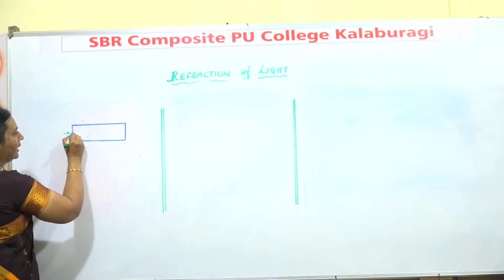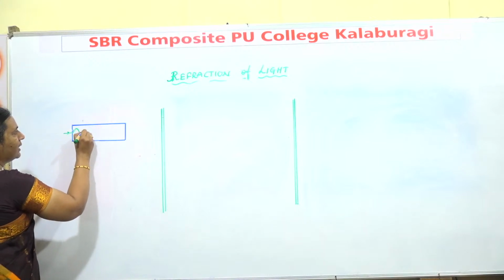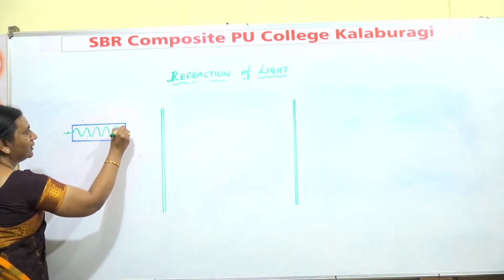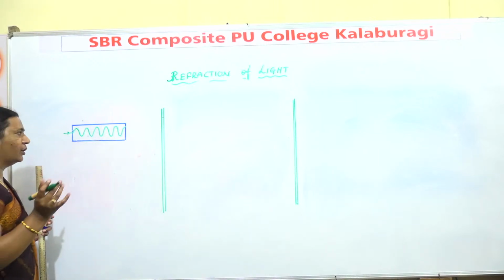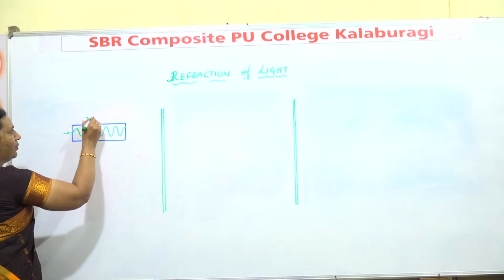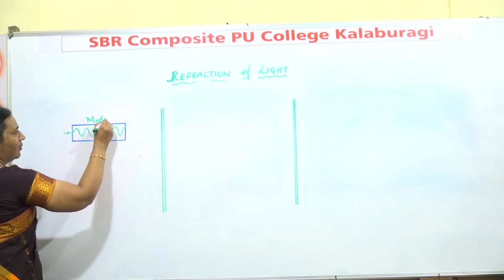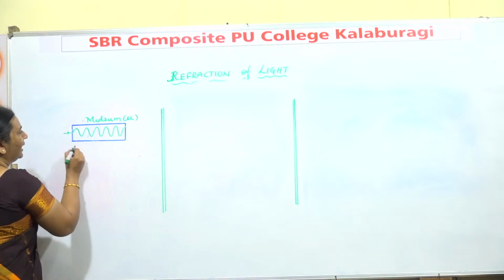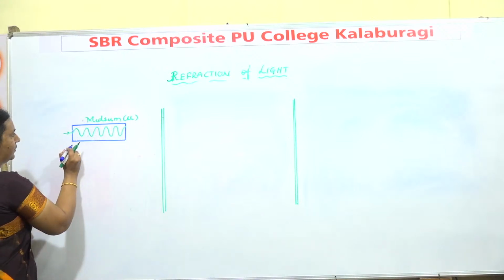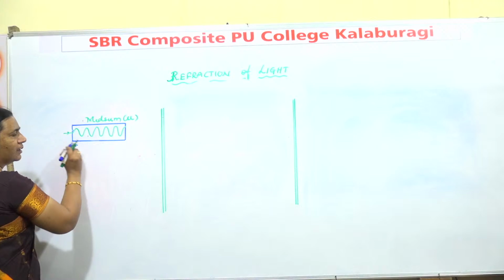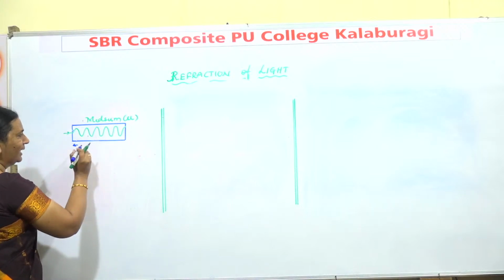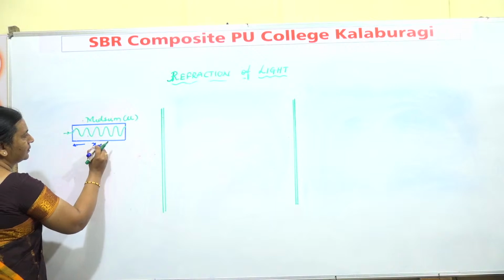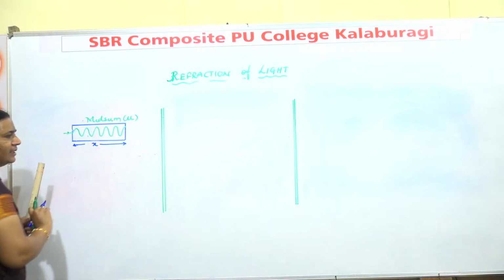You are going to see that the wavelength of light decreases as compared to the air or vacuum medium. So this is in some medium of refractive index mu. Let me take its thickness, the length along which it is traveling, as x. X distance it has to travel.